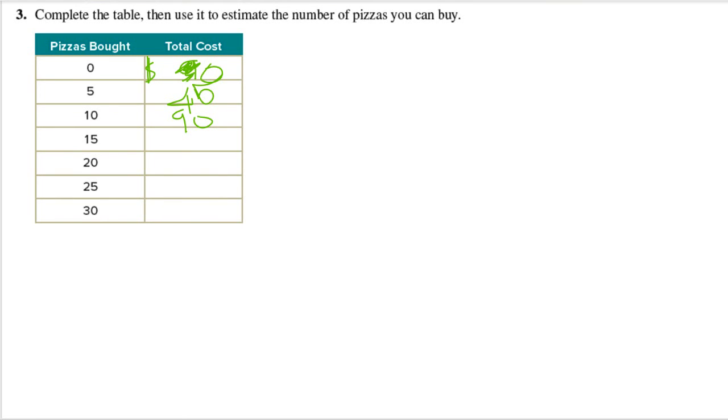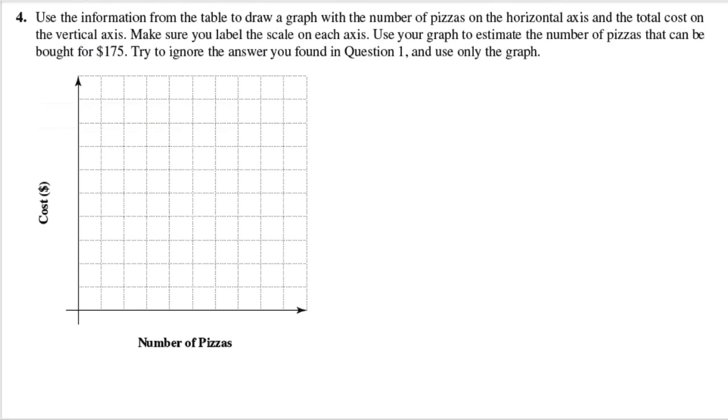But we're in a hurry. 135, 180, 225, and 270. Question 4 looks like it's going to ask you to graph that data. So go ahead and do that, and then come back to the video.